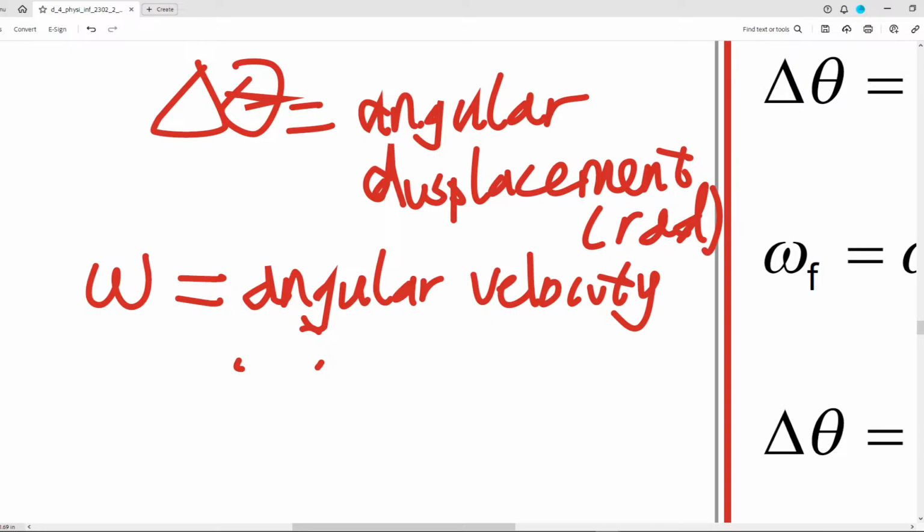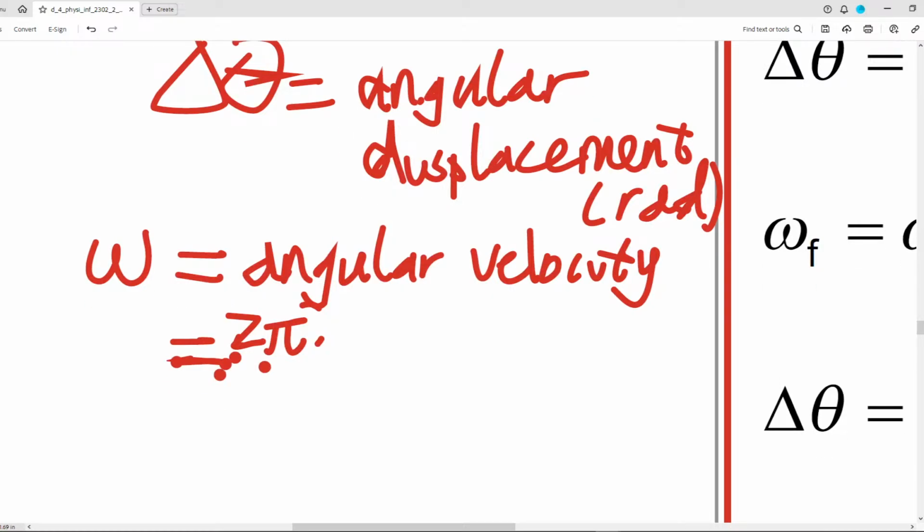Now, what is true is that angular velocity can be derived. It can be shown to be equal to 2 pi over T, which is equal to v divided by r, the tangential velocity divided by r, in a future unit.